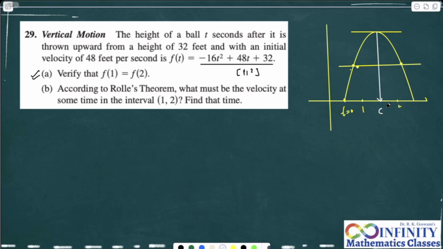So it starts with 48 feet per second. So at t equals 0, we don't need to discuss that. We are only concerned about 1 to 2. So you need to tell me that f prime of t is going to be 0, and I need to search for the solution in the interval 1 to 2 only.